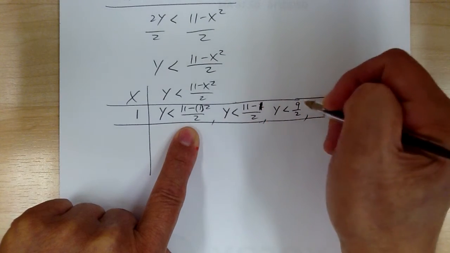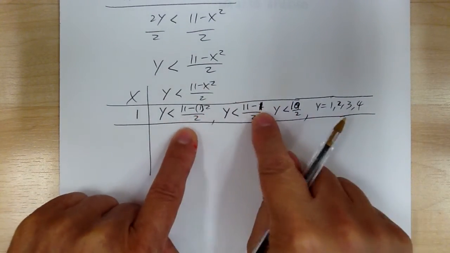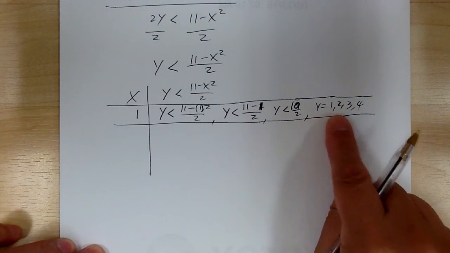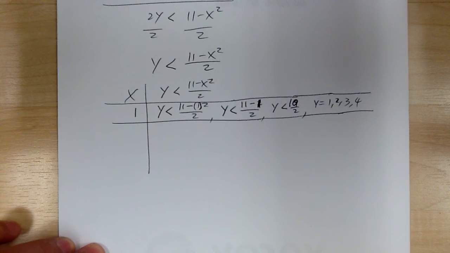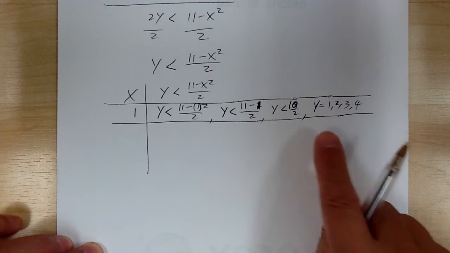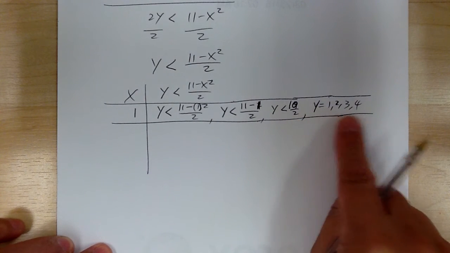Yeah, sorry. 1 squared is 1. So y had to be less than 5. So it would be 1, 2, 3, 4. Okay, so again, y had to be less than 5, right? Yes. So it would be 1, 2, 3, and 4.